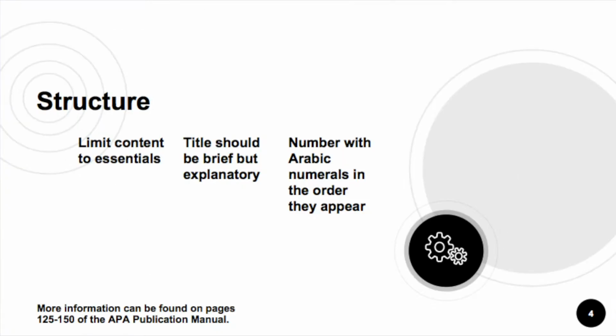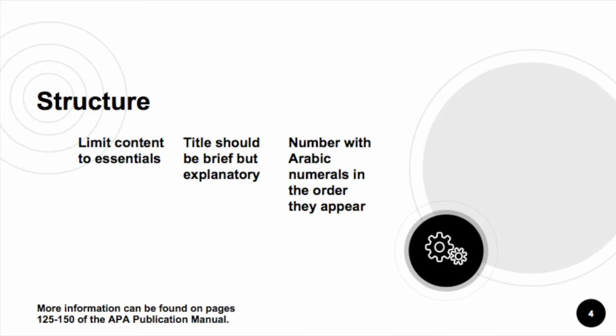When using tables within your paper, you again want to make sure that you limit the information to what is essential. You should put a title above the table that's brief but explains what is within the table. You don't want something too long, just a quick snippet of what you're trying to represent. You should also number each of the tables in order.